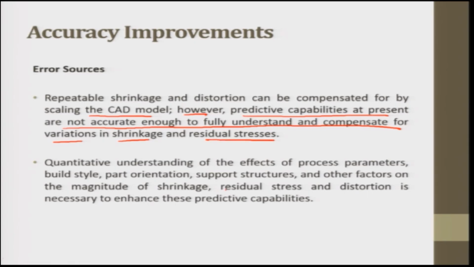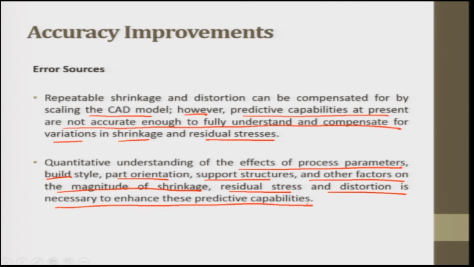As in casting, we know there are certain allowances, shrinkage allowance, then we have draft allowance; those allowances are also to be put here. Quantitative understanding of the effects of the process parameters, build style, part orientation, support structures and other factors on the magnitude of shrinkage, residual stresses and distortion is necessary to enhance these predictive capabilities.